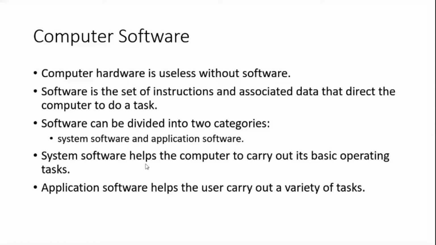You can program new applications using any programming language without this Word software, no problem. You can play music, you can watch movies, you can play games also. So application software is actually not necessary for a computer to work, but it is necessary for a specific task. Each application software is dedicated to specific tasks.